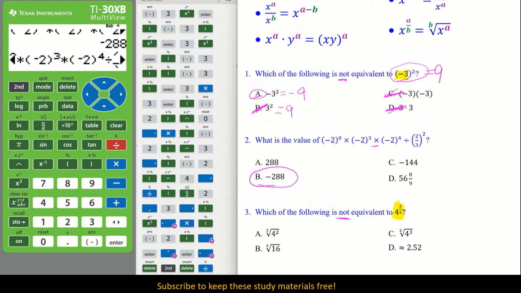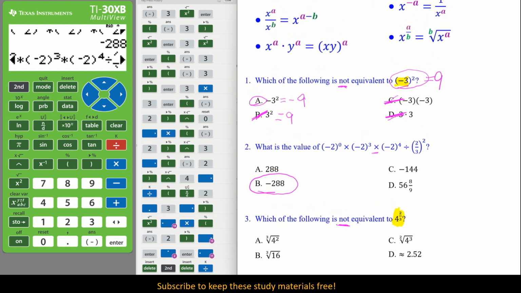Okay, let's go up and take a look. That would be this one right here, the very last one. Now take a look at what we have. B becomes this, in this case, it's cube root.